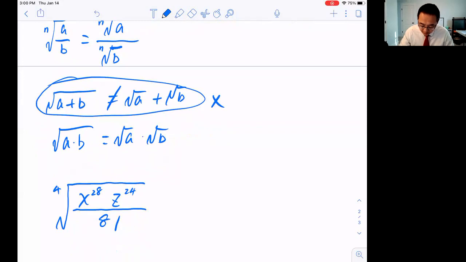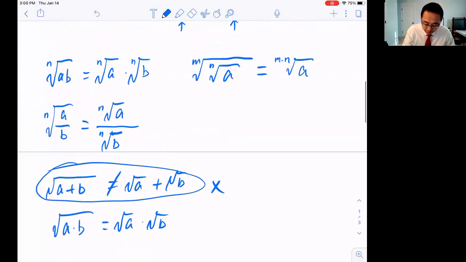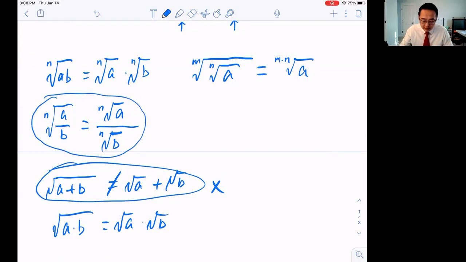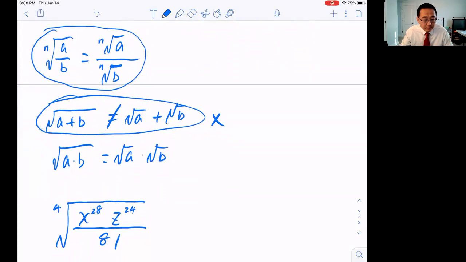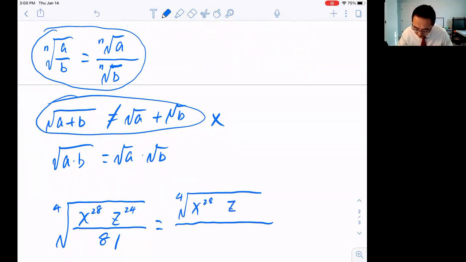According to this property right here, you can divide the fourth root into the fourth root of the numerator and the fourth root of the denominator, right? So let's take this slow. This equals the fourth root of x to the 28th power times z to the 24th power, and the fourth root of 81.